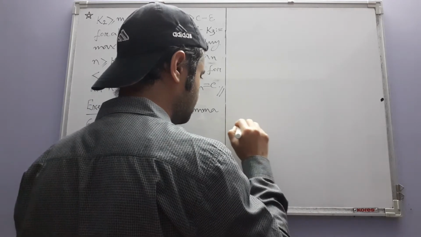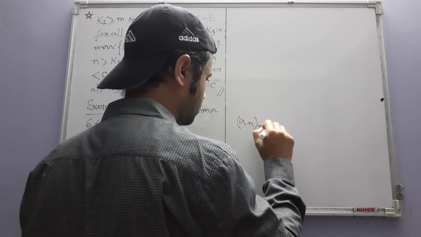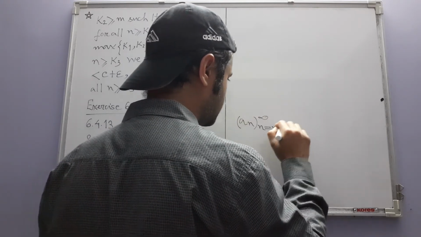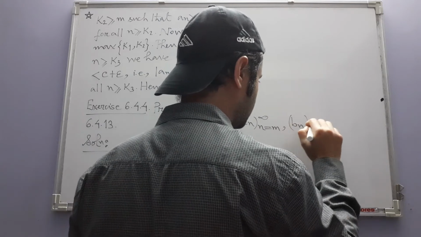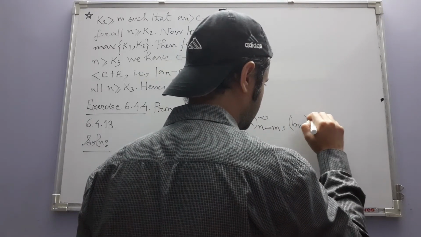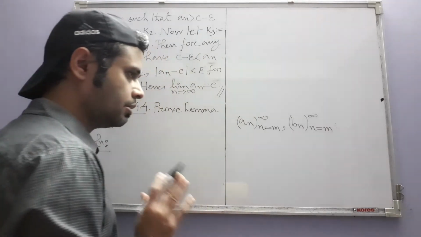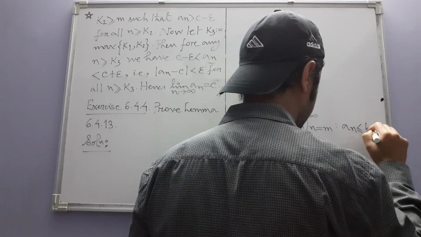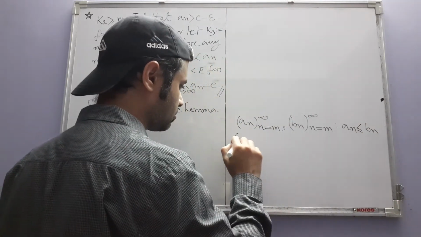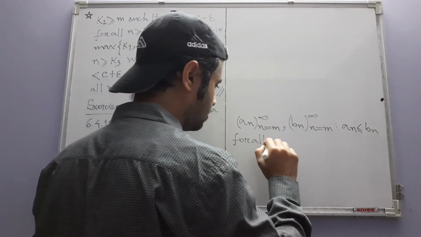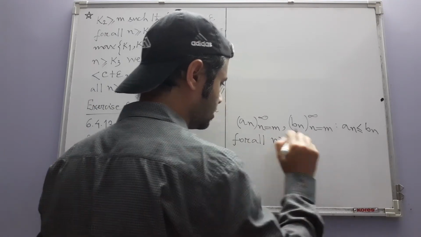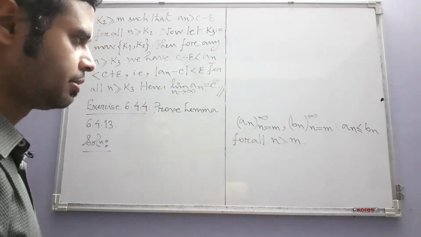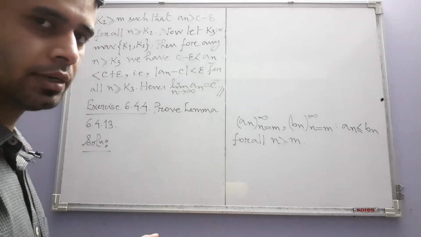We are given two sequences of real numbers for which these inequalities are true: An is less than or equal to Bn for all the possible indices. So you can say that the sequence Bn dominates the sequence An term-wise.